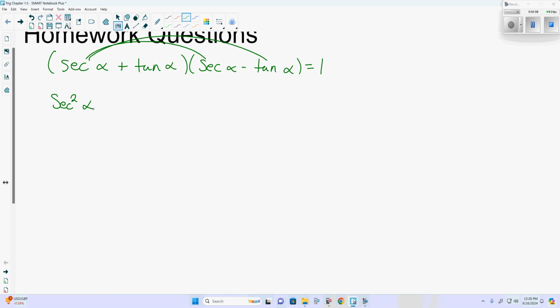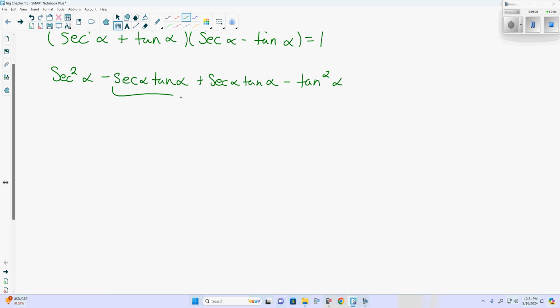Secant times negative tangent is negative secant of alpha tangent of alpha. Tangent times secant of alpha is going to be plus secant of alpha tangent of alpha. And lastly, tangent of alpha times negative tangent of alpha is negative tangent squared of alpha. And again, we're not going to worry about the equals 1 because we need this to become 1.